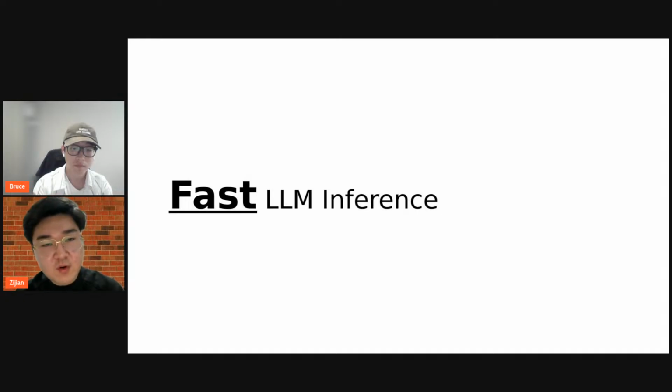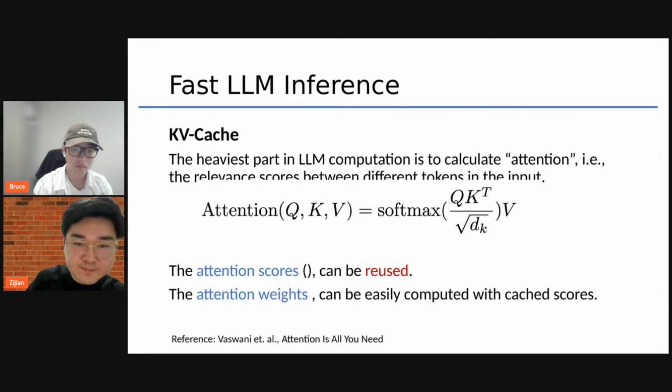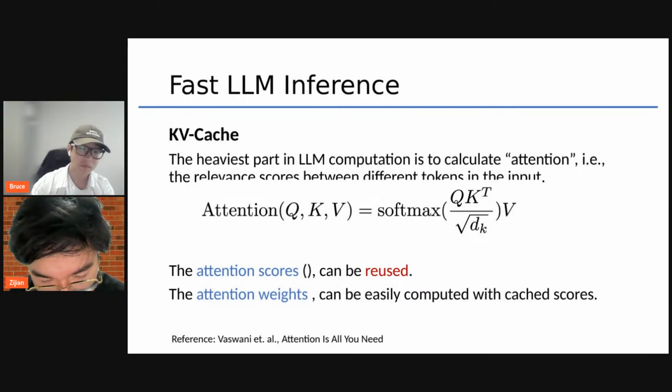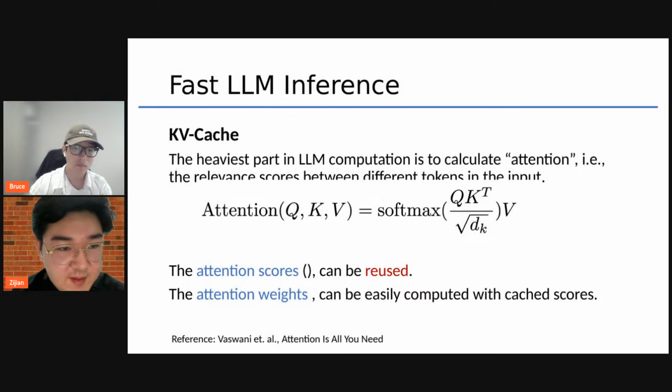So that is more or less about the inference part of the LLM. Next, I will take a few minutes to talk about the acceleration part of LLM inference. To achieve fast LLM inference, we cannot escape from this very fundamental idea called the KV cache.